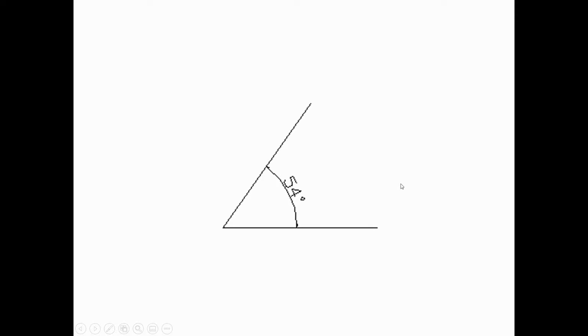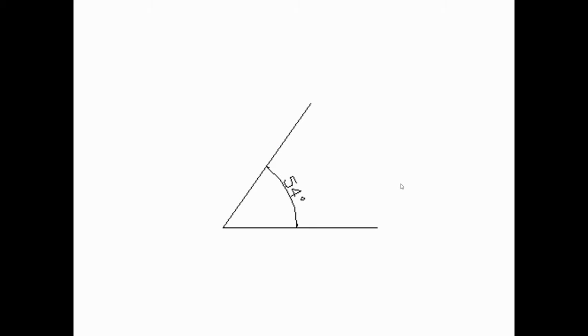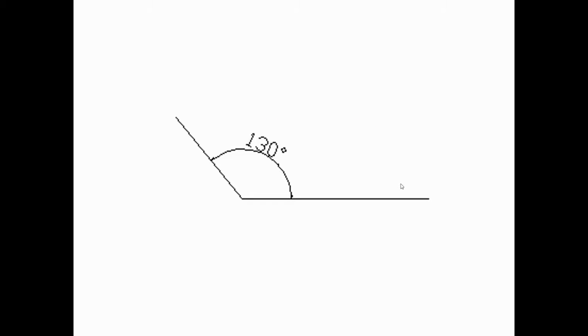Do you think it's an acute angle, a cute little angle, an obtuse angle, a fat angle, a right angle, or is it a straight angle? What do you think? If you said acute angle, you're exactly right. It's less than 90 degrees. A cute little angle.